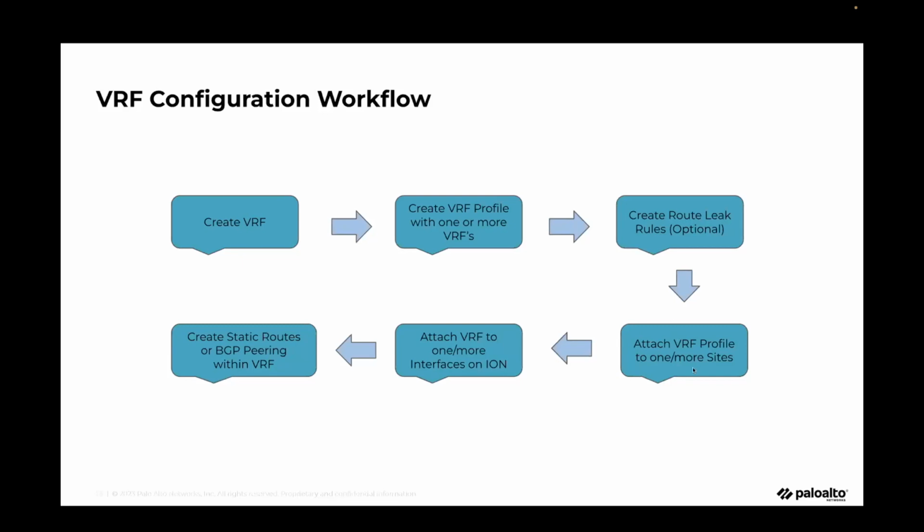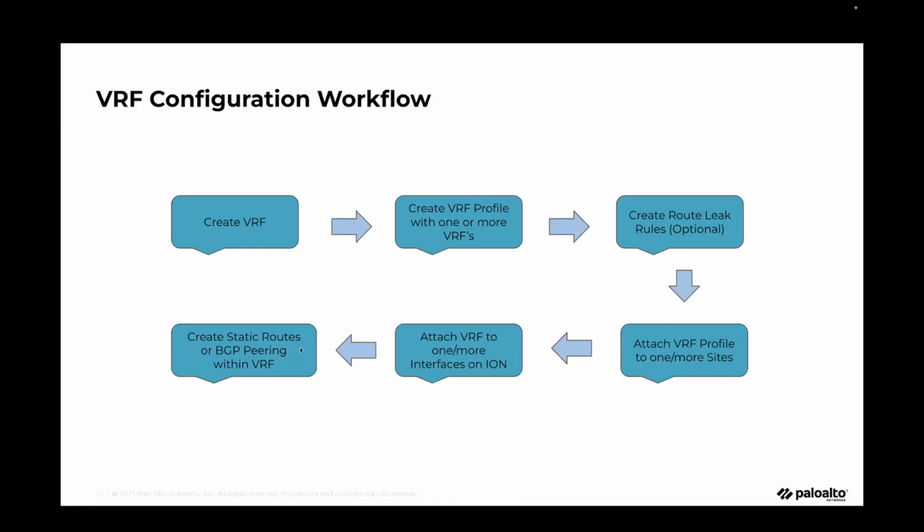You apply that profile to those 10 branch sites. And then at the device level for those sites on the ION appliance, you will assign the VRF to interfaces. So it could be interface, sub-interface. So basically you are defining which interfaces belong to which VRF on your branch ION appliance.